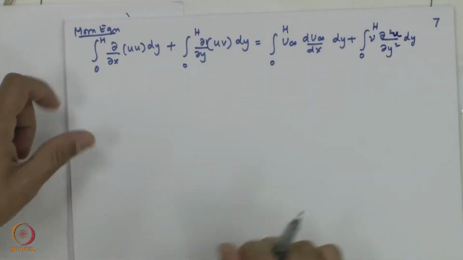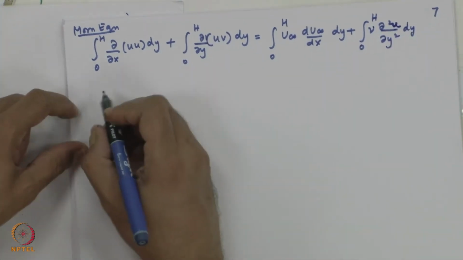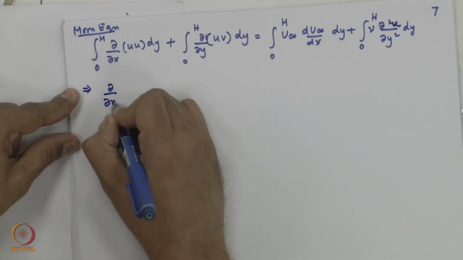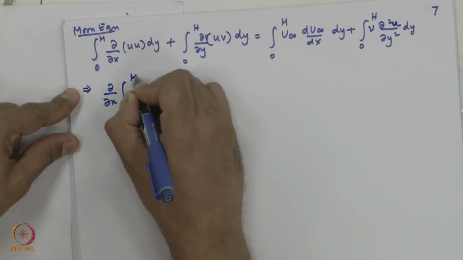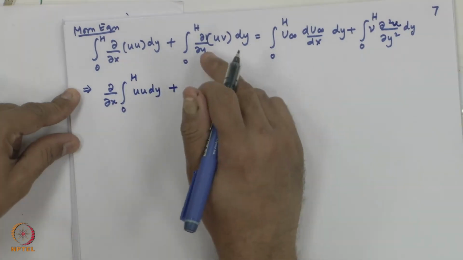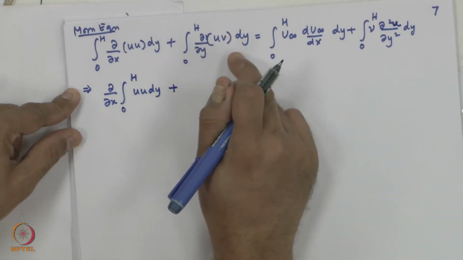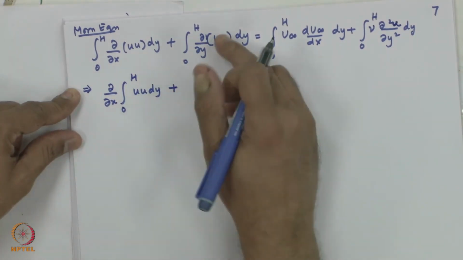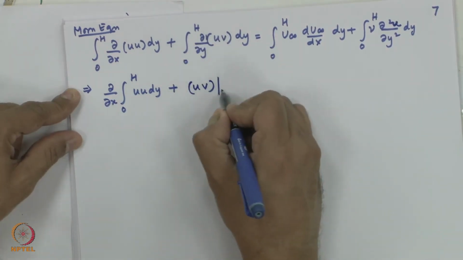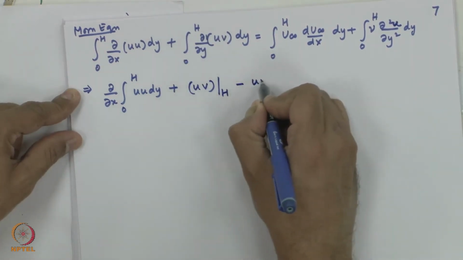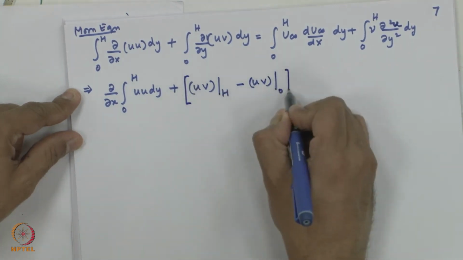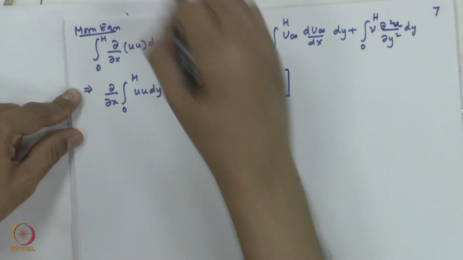So, this one is d by dx of integral 0 to h u squared dy plus the integration of this, which is u times v evaluated at h minus the product evaluated at the wall. Is that right? That is this term.